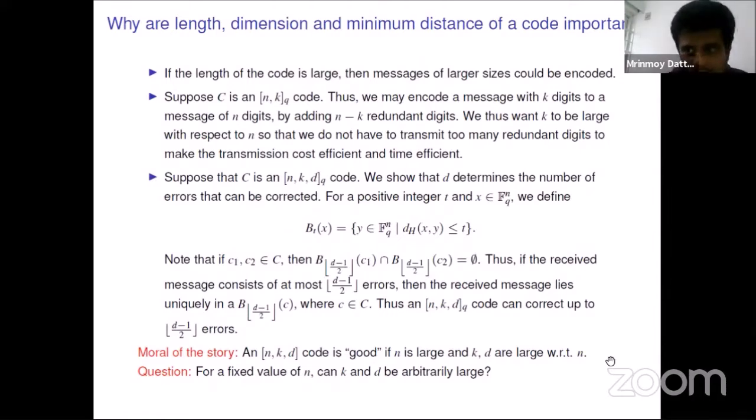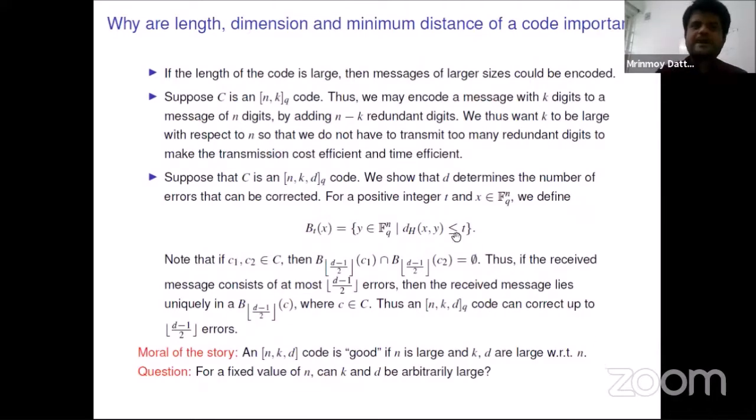What about the dimension? The dimension of the code is k, and we are trying to encode a k digit message into an n digit message. So you can think that we are adding n minus k redundant digits every time we send a k digit message for our encoding purpose.